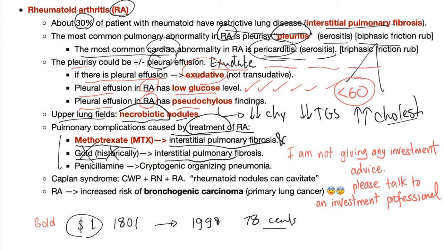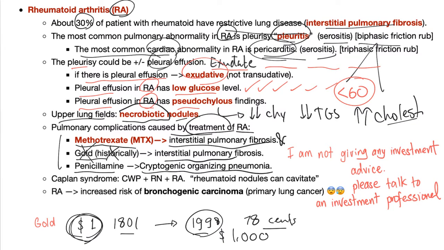If you have put the money in U.S. Treasury bonds in 1801, just $1, it would have been worth $1,000. If you have put your $1 in the United States stock market, by year 1998, you would have $500,000 freaking dollars. Keep hoarding your gold.